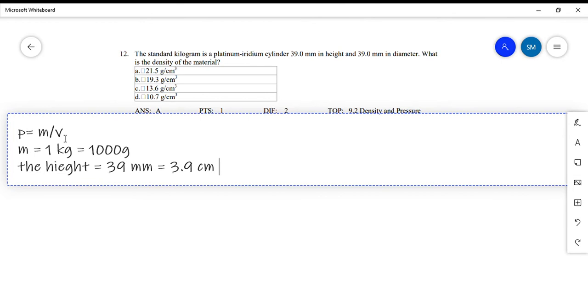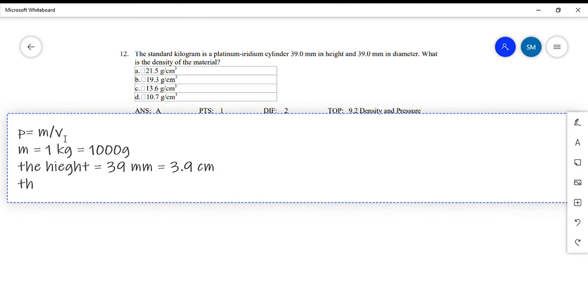To convert from millimeter to centimeter, we divide the millimeter by 10. This is the height. Also, the diameter is the same, 3.9 centimeter.